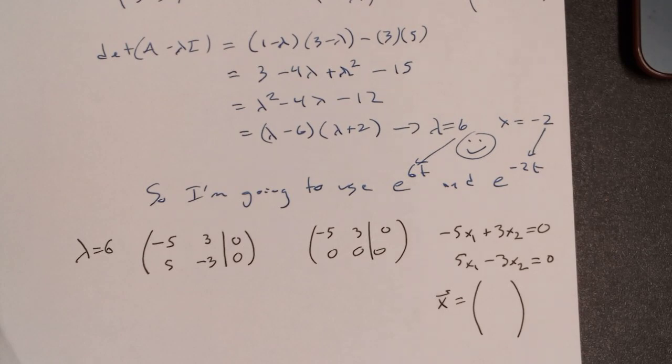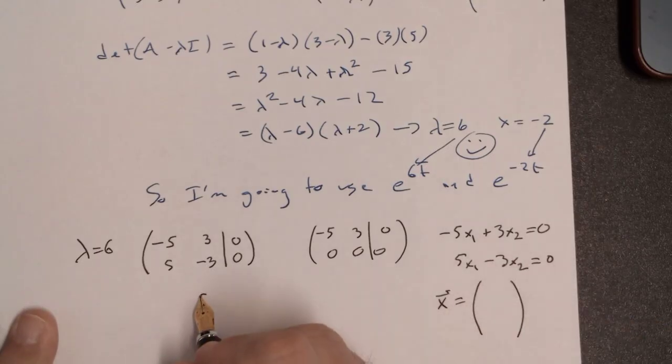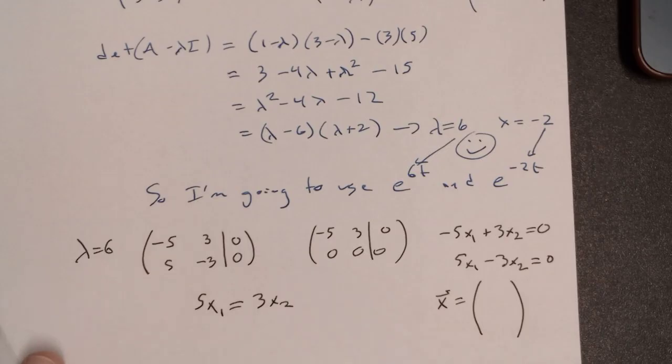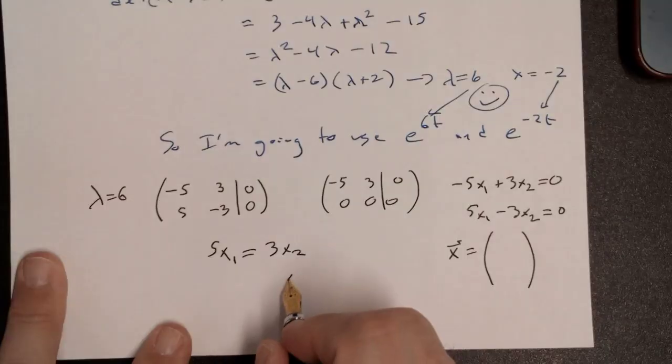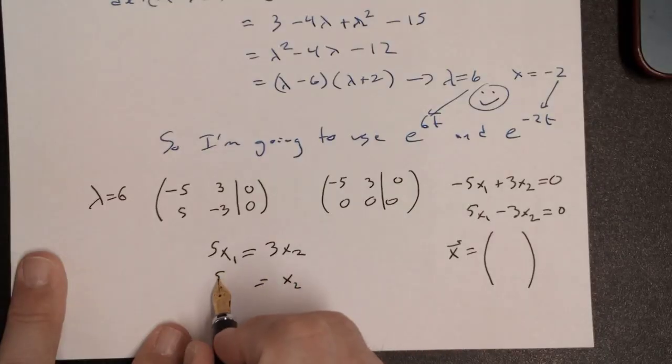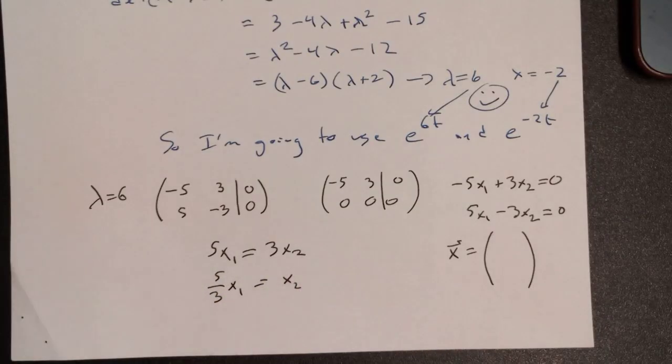Anything. Sure, but where do I put what? If I want this to work, then I know that 5x1 has to be equal to 3x2, right? Or I could say x2 has to be 5/3 of x1.